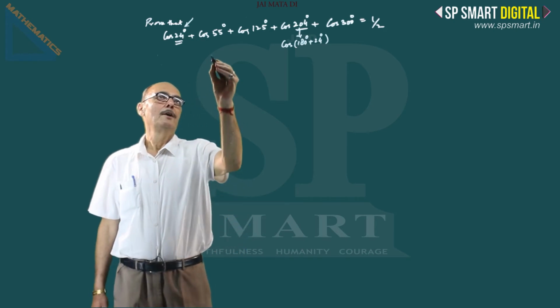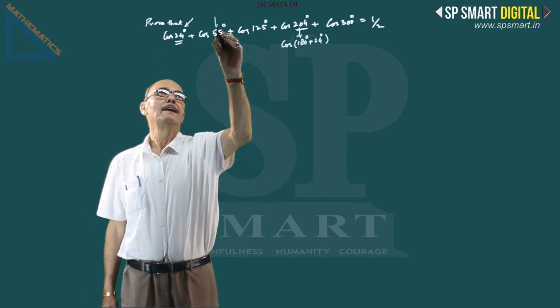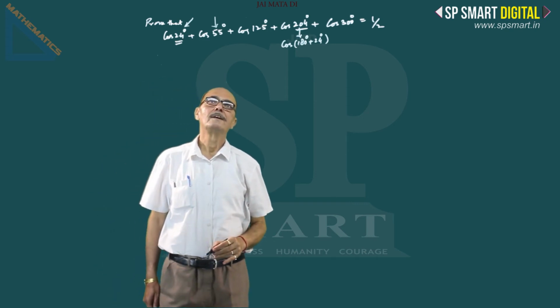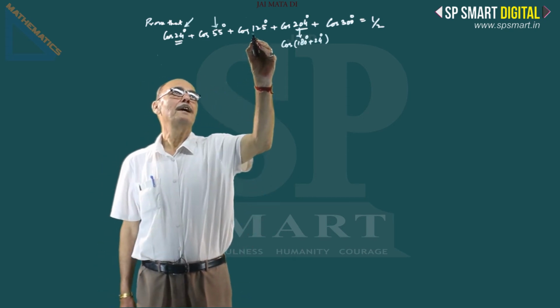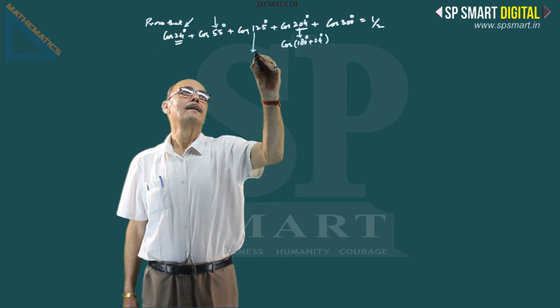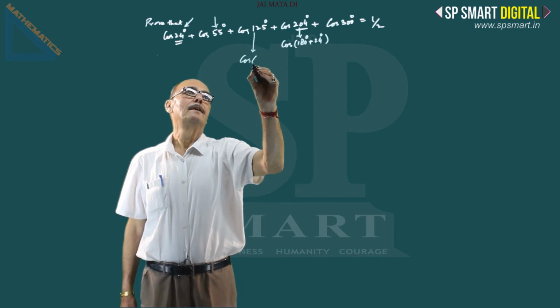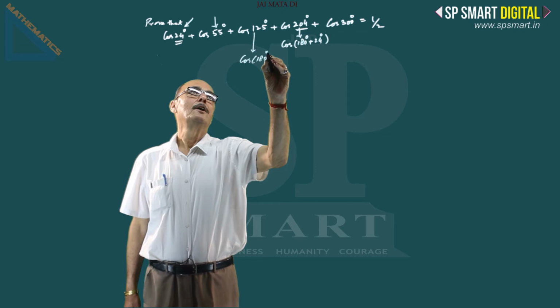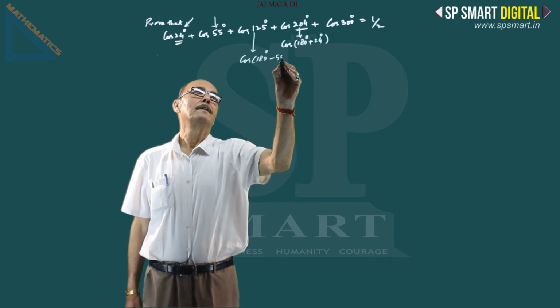Likewise, if you keep your eye on 55, this can be written as cos of 180 minus 55.